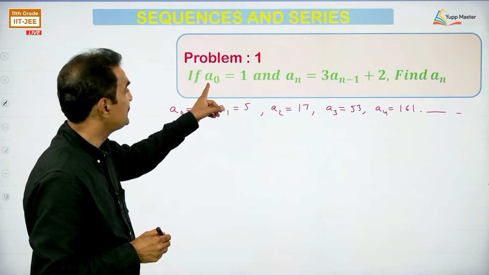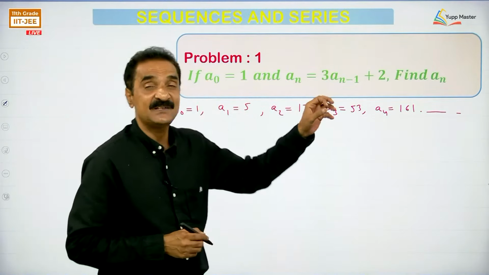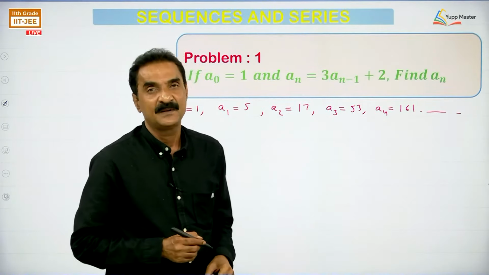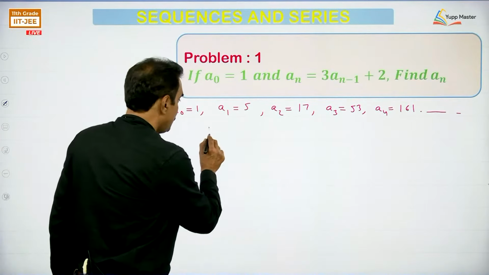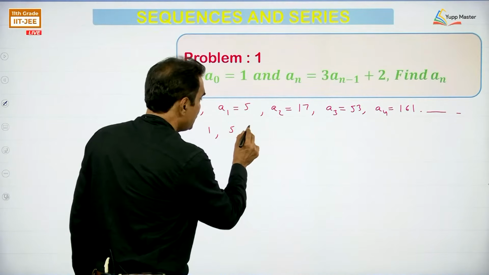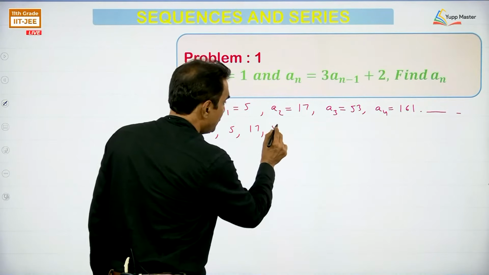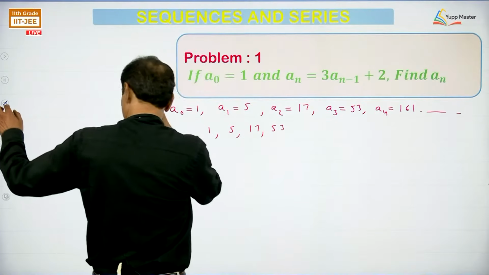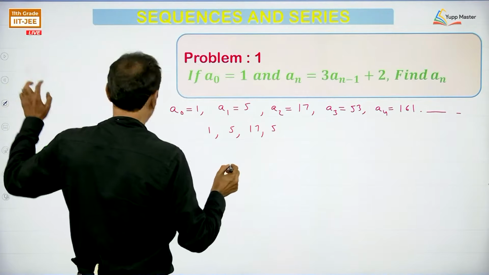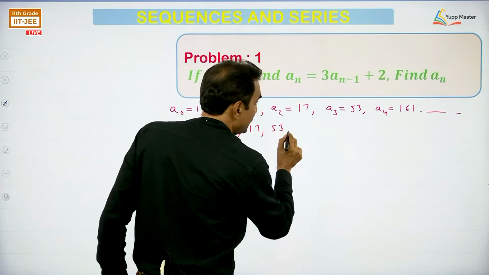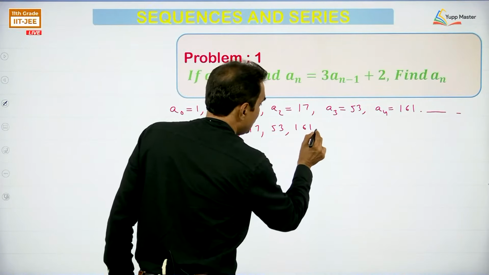Here the series starts with A0, so An is the n plus 1th term. Now let us first write the series: 1, 5, 17, 53, 161 and so on. Now what kind of series is this?